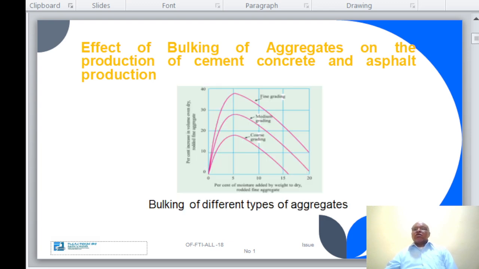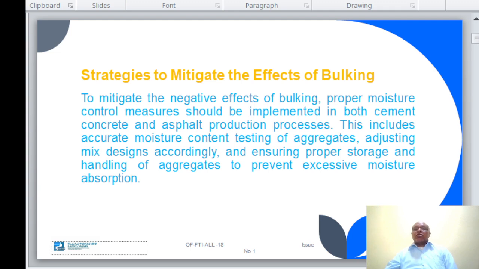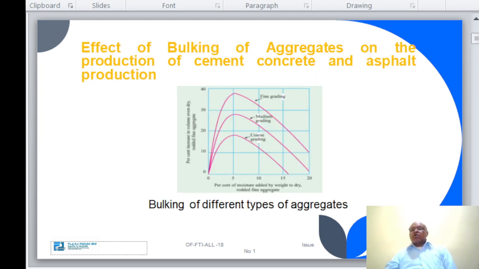Now let's see the mitigation strategy for bulking. Before we discuss the bulking, let's see the bulking of different types of aggregates. This graph shows bulking of different types of aggregates: fine, medium, and coarse aggregates.